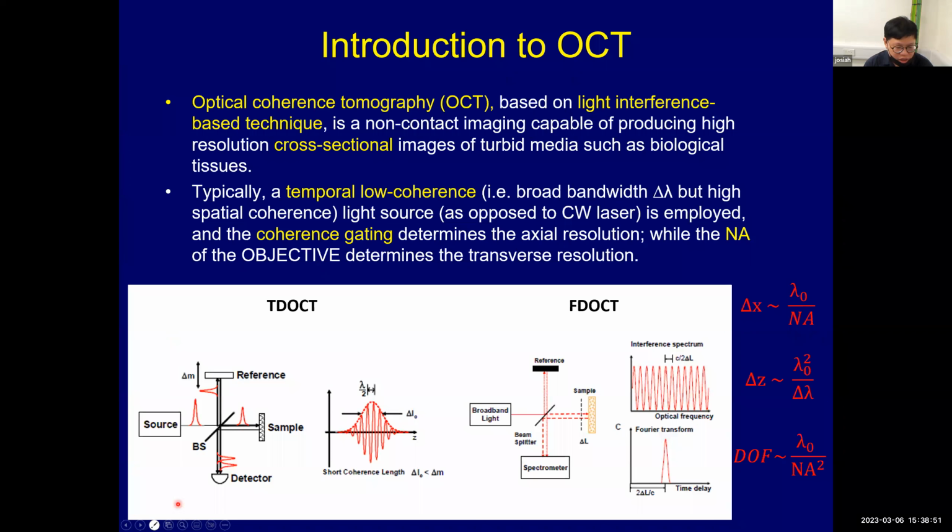What I'm circling around is the first version of OCT, which is the time domain OCT. Basically, you have a light source which is temporally low coherent, which also means that it has broad bandwidth. The light goes through a beam splitter, and one part goes to the sample while another part is used as reference.